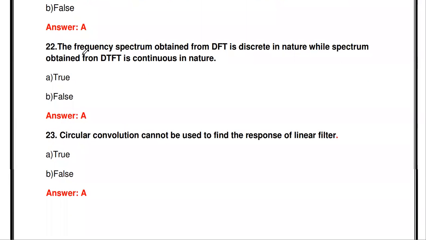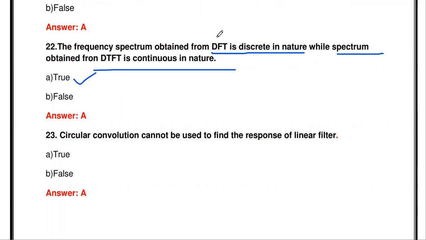The next one: the frequency spectrum obtained from DFT is discrete in nature, while the spectrum obtained from DTFT is continuous in nature. This is true or false? True. Okay. For DFT and DTFT, what is the difference? For both DFT and DTFT, we give the input sequence as a discrete sequence x of n. But what is the difference?